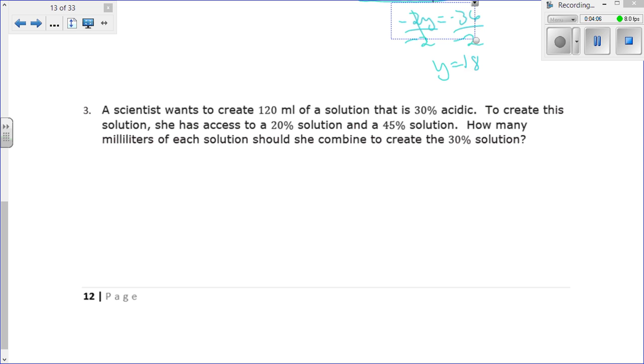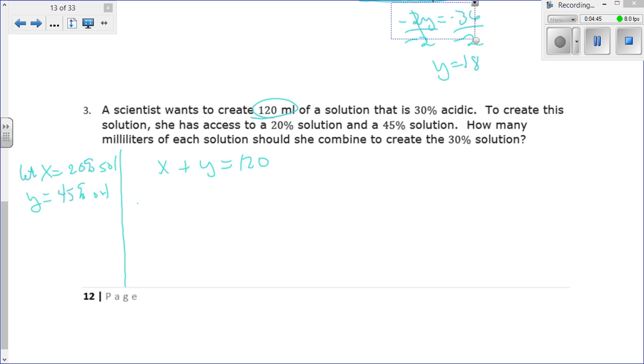New way, new method. This time we're going to use 2 equations with 2 unknowns. And we're going to let x equal the 20% solution, and y equal the 45% solution. And I know that I have 2 different kinds of solution and I have a total of 120 milliliters. So that means that x plus y has to equal 120.